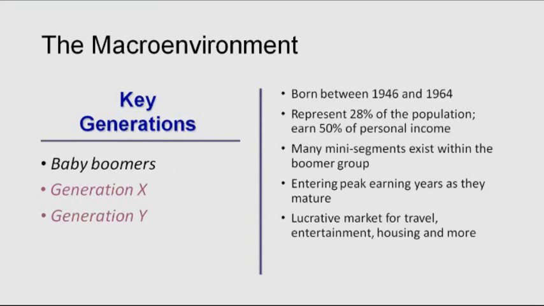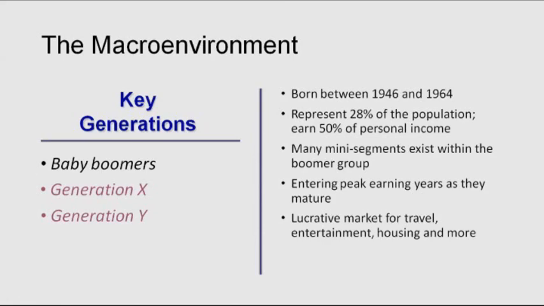Many mini segments exist within the boomer group. Ibig sabihin class, segment na ito, pero under that may mga sub-segments pa. So entering peak earning years as they mature. So habang tumatanda sila, doon pa lang nila na-achieve yung pagdating sa kita. Doon pa lang nila na-achieve.